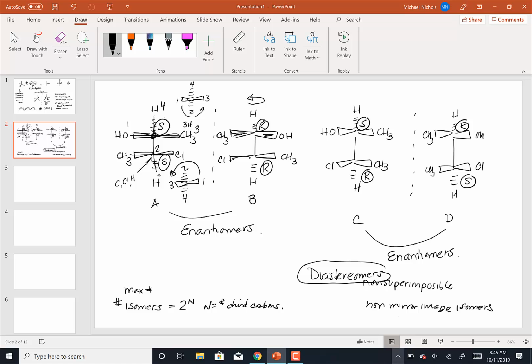Now let's look at the molecules together. SS, its enantiomer is RR. SR's enantiomer is RS. So what can we conclude about the configurations of enantiomers?